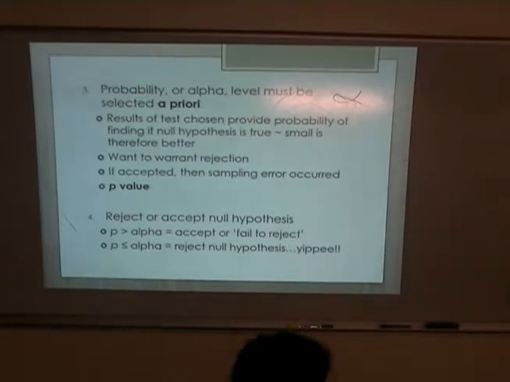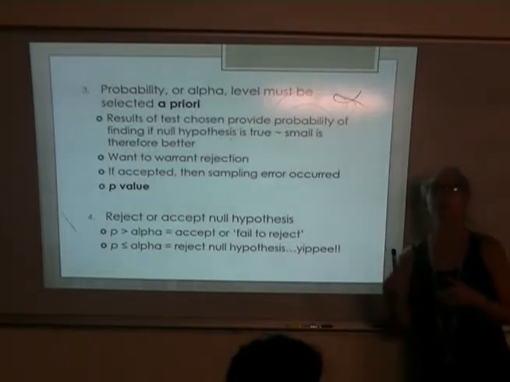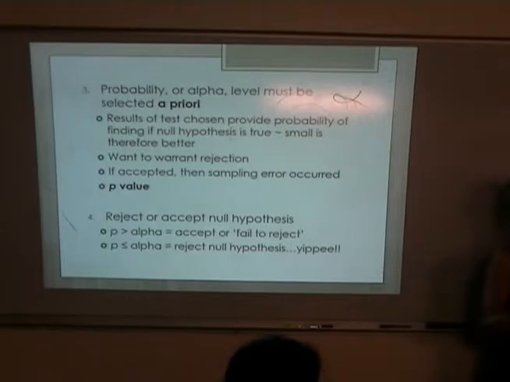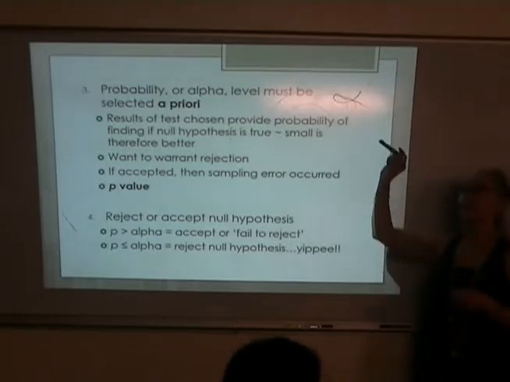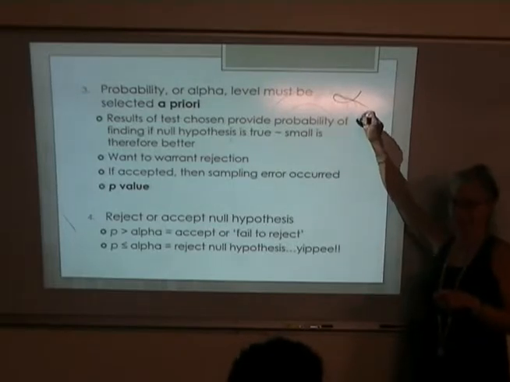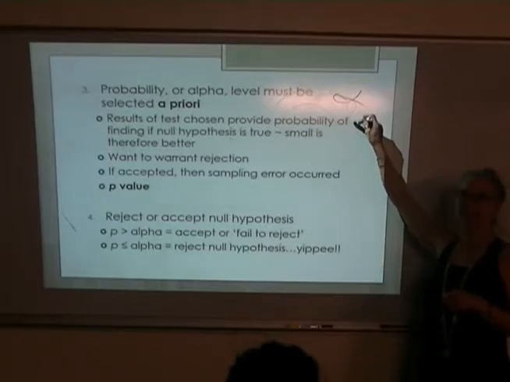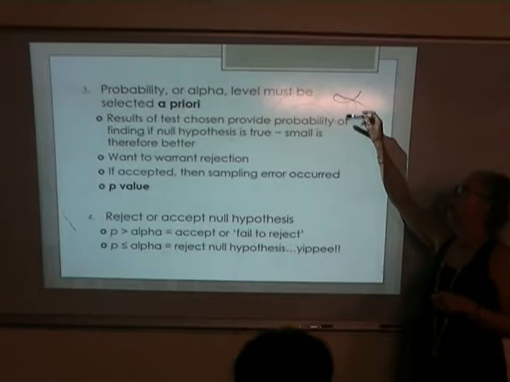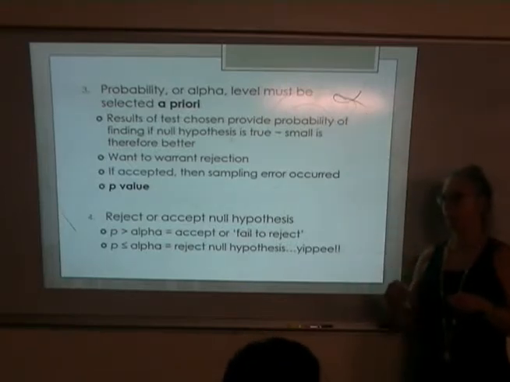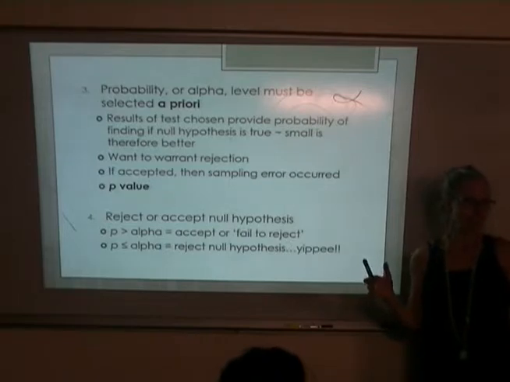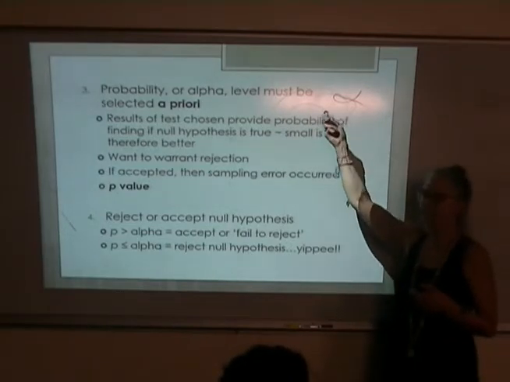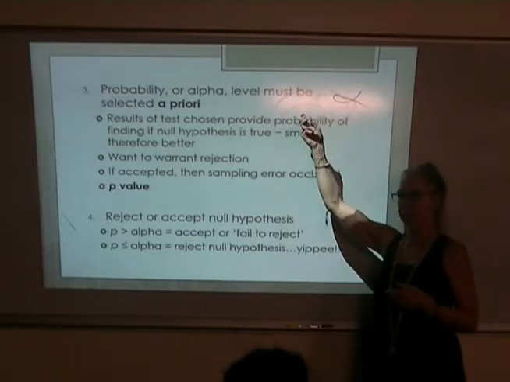That is, ahead of collecting the data. And I can tell you categorically that some people cheat, right? They collect the data and they run the stats and then they go, oh, I'm going to make my alpha something else now because it makes the study look better. That's cheating, right? Alpha has to be set before you collect the data.